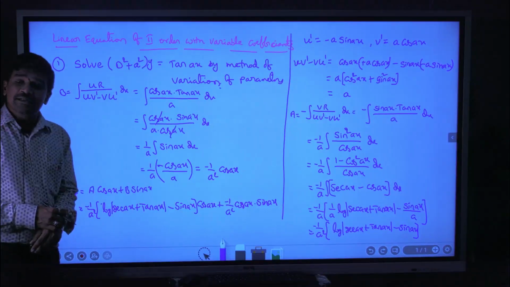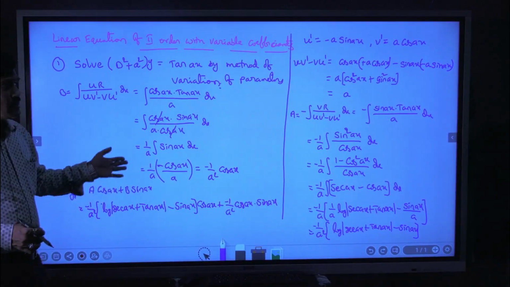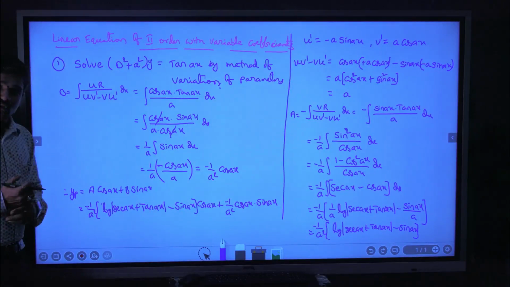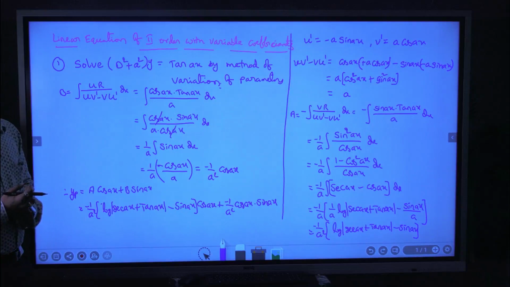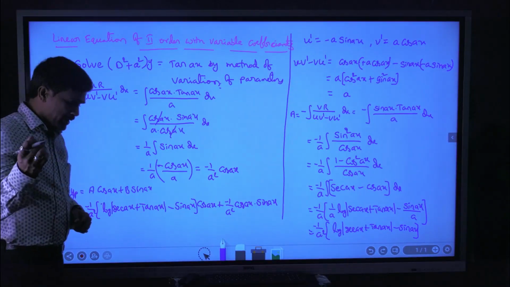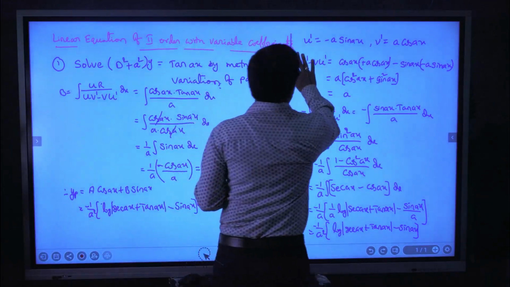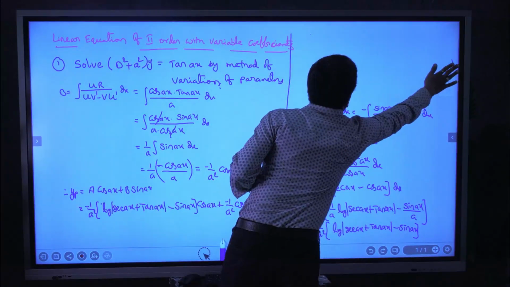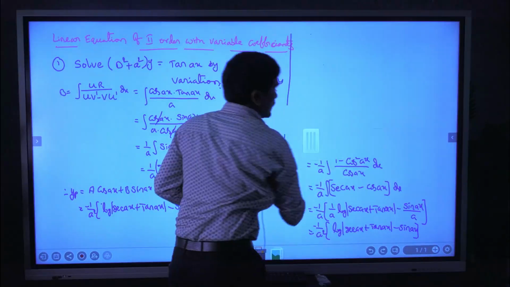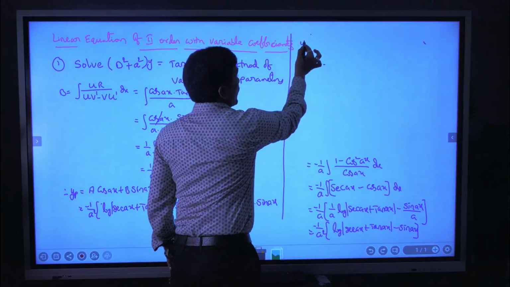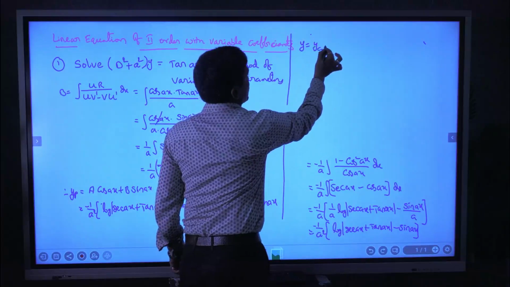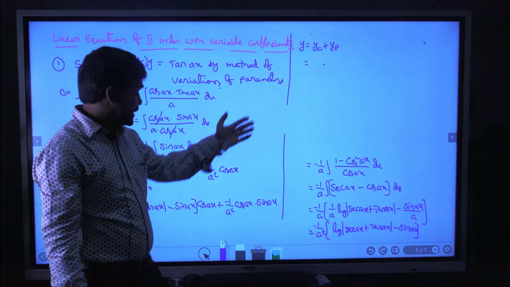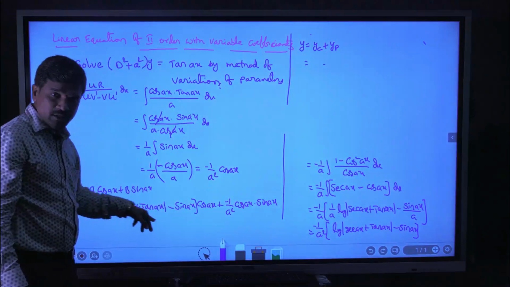After getting the particular integral, write the general solution. The general solution can be written as y is equal to yc plus yp. So we already have the complementary function yc and the particular integral yp.